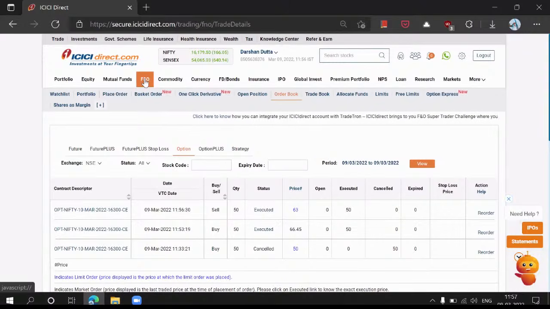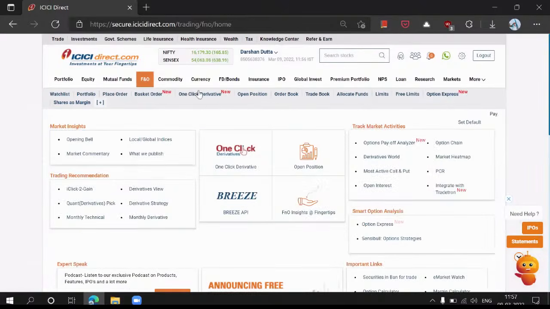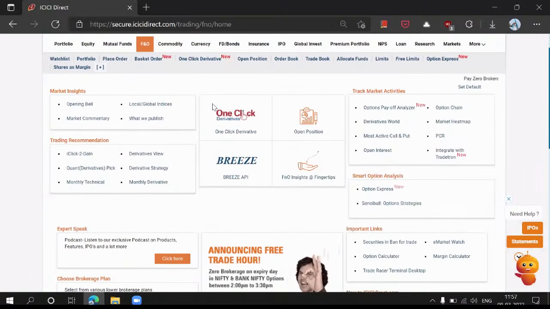I'll just take a few more questions. One question was, can we use 100% collaterals for derivatives? Absolutely, yes, you can use. What about the SEBI rule of 50-50 on shares? First of all, the SEBI circular has been postponed to May. Even had it been applicable now, it wouldn't have affected ICICIdirect customers, because this circular was only for brokers.